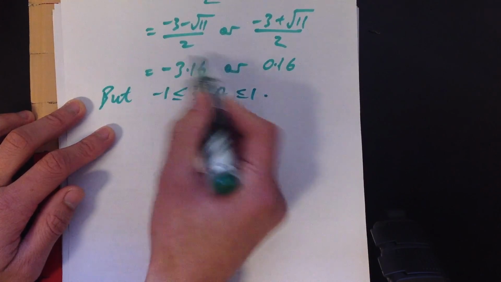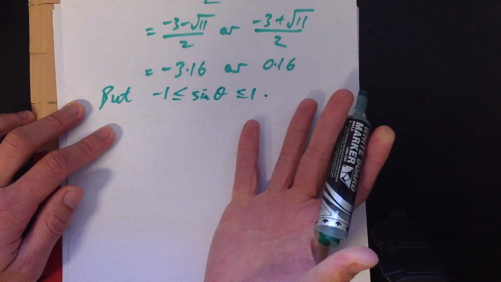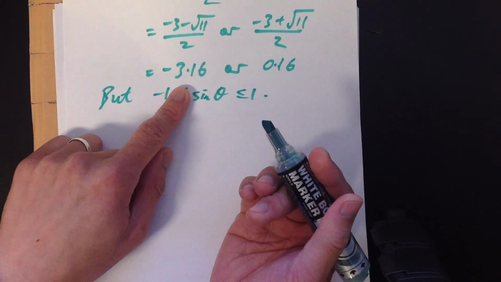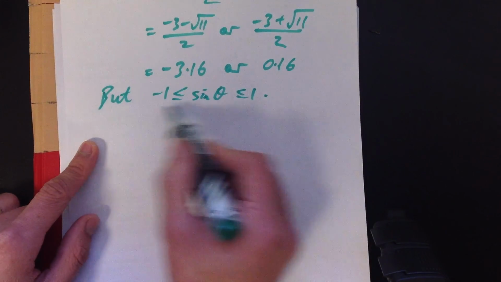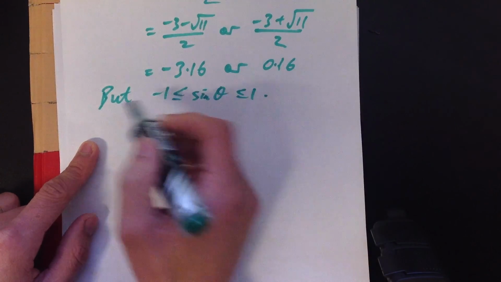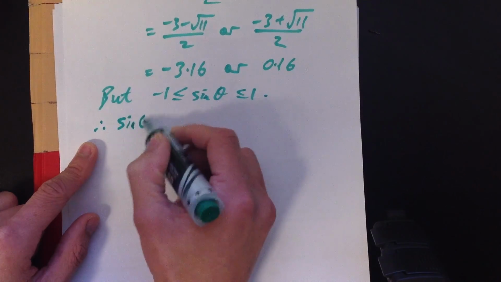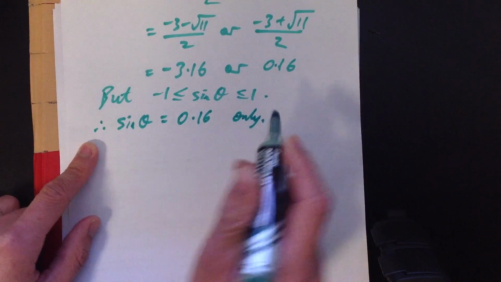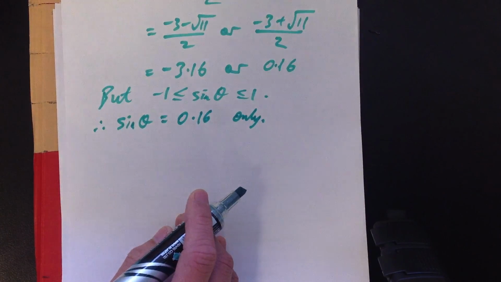Therefore, this minus 3.16 is never a valid solution. There's no value of theta that you could put into this equation to satisfy it, right? So since this restriction exists, sine theta is only equal to 0.16. That's the only valid solution.